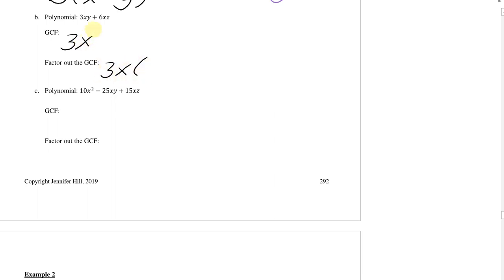When I divide 3x out of the first term, I'm just left with y. And when I divide the 3x out of the second term, I'm left with 2z. And again, you can multiply that back in to get 3xy plus 6xz. If you're ever unsure, you can just check that way.